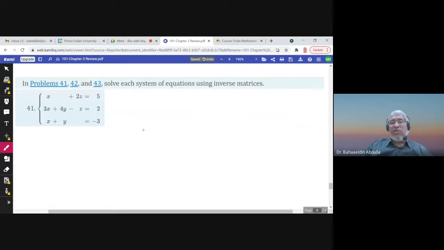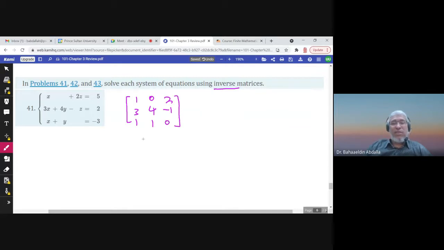Solve each system using inverse matrices. Now, using inverse matrices, we write a matrix equation. We say, I write the coefficient matrix 1, 3, 1. The coefficient of y is 0, 4, 1, 2, negative 1, 0.